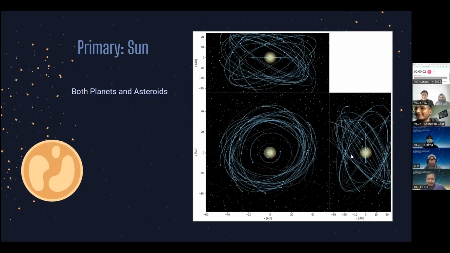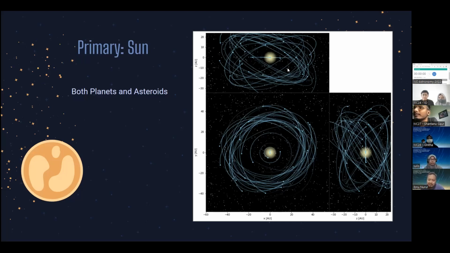Okay. Maybe I just want to give a short comment regarding the presentation. In the analysis of dynamical asteroids, people usually use Kepler's orbital elements, the semi-major axis, eccentricity, etc., and look at their evolution.